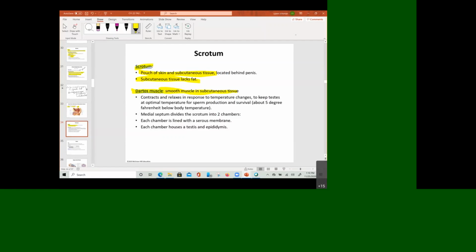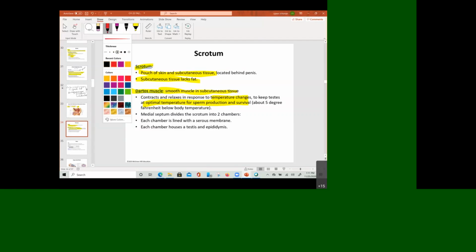The dartos muscle is important because it contracts and relaxes in response to temperature changes. The reason it does that is to keep the testes at optimal temperature for sperm production and survival. Now, the optimum temperature for sperm production and survival is actually 5 degrees Fahrenheit below body temperature. This is why the testes descend during embryogenesis.